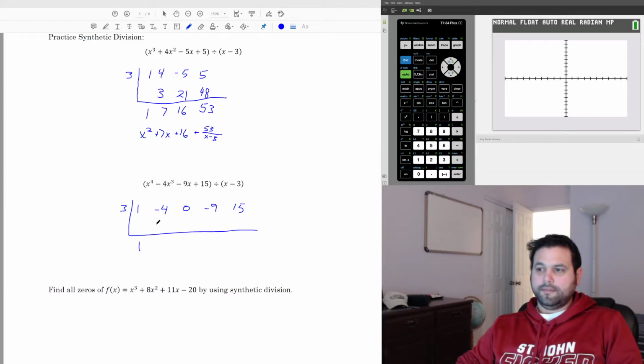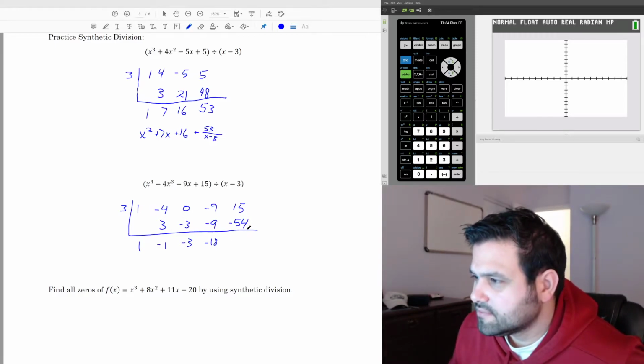So bring down the 1, multiply, add, multiply, add, multiply, add, multiply, negative 54, I believe.